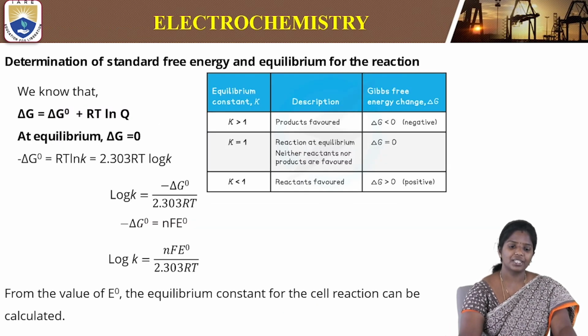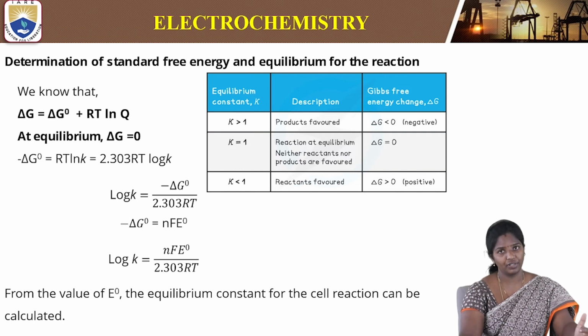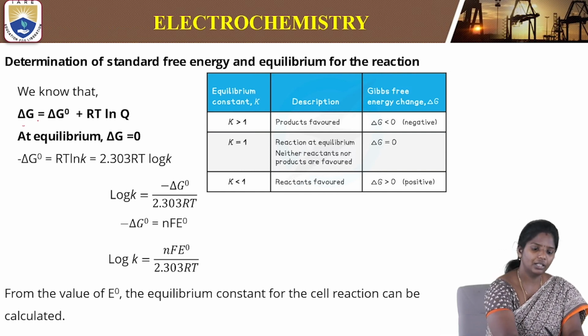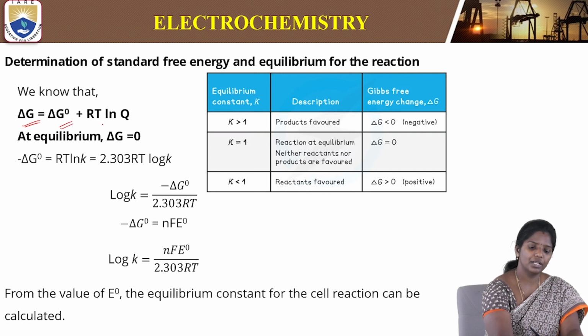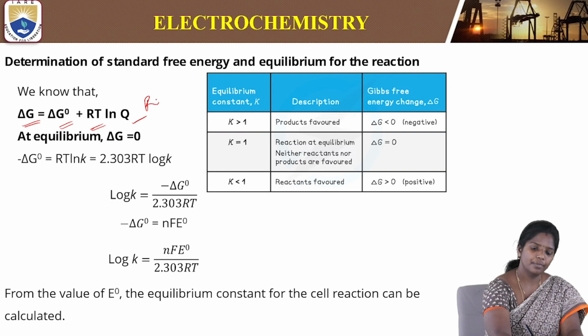Then the determination of standard free energy and equilibrium of a reaction. This is very important because the free energy gives an idea of Gibbs free energy, spontaneity, and also where the equilibrium state is reached in a reaction. We know that delta G is equal to delta G naught plus RT log Q, where Q is the reaction quotient.